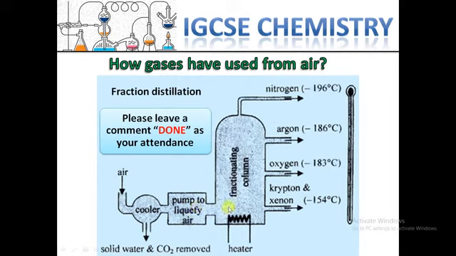Then it is transferred to another big container. The container is a fractionating column, as it's written here, because I took this picture from the internet. So there is a heater.